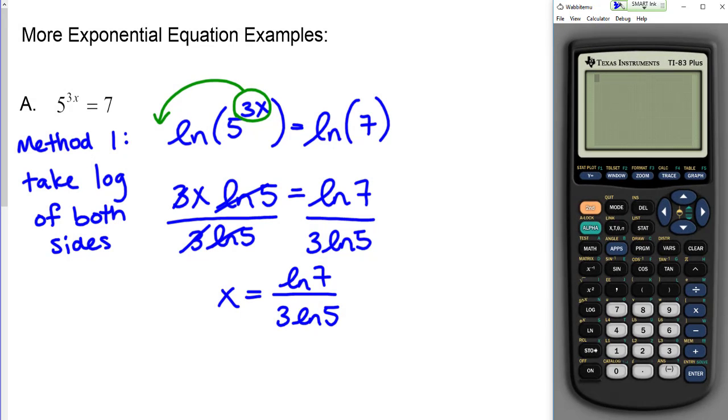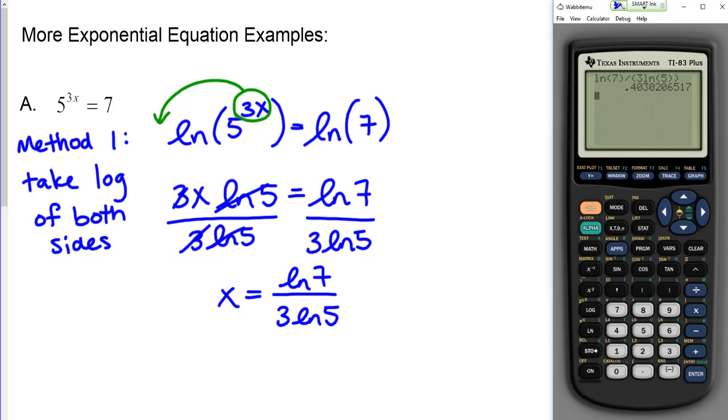Okay, so in order to evaluate this, I would need to do the natural log of 7 divided by, in parentheses, 3 natural log 5. I put the denominator in parentheses because I want to make sure the 3 times the natural log of 5 all occurs in the denominator.